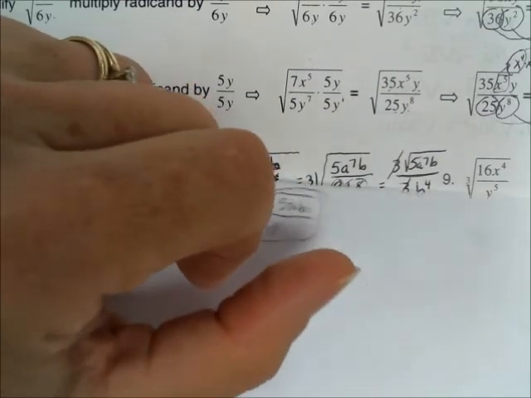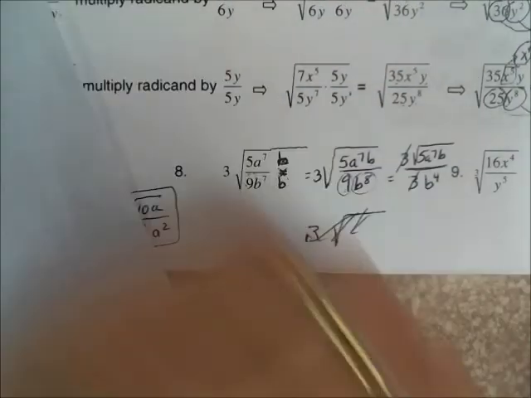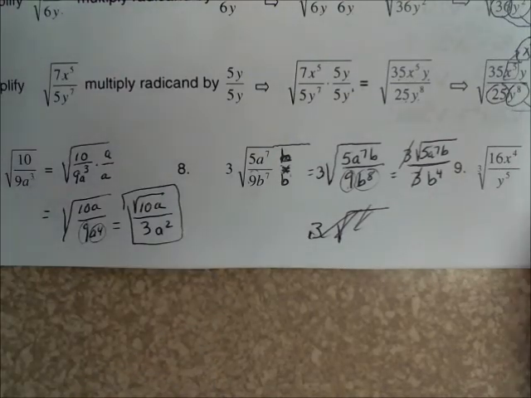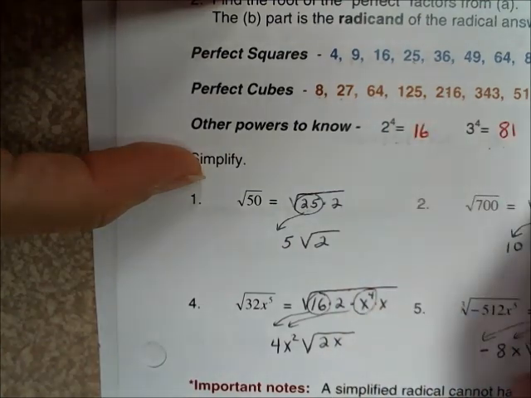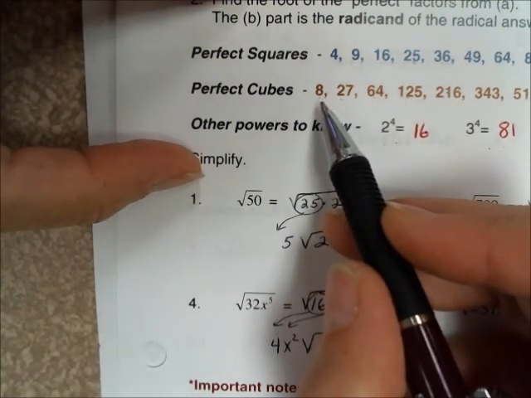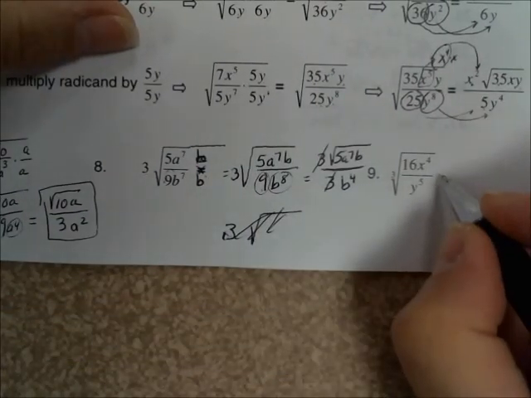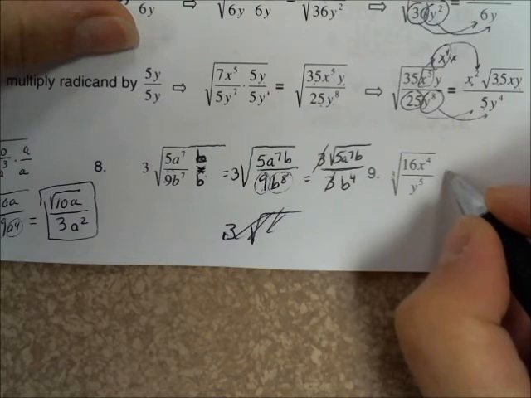And then going on to number 9. Number 9 is the trickiest one of all because this is a cubed root. And what we have to do is go up to our perfect cubes and see which one of these perfect cubes goes into 16. Well, the only one that'll go in will be an 8. So we're going to split up 16 into 8 times 2.